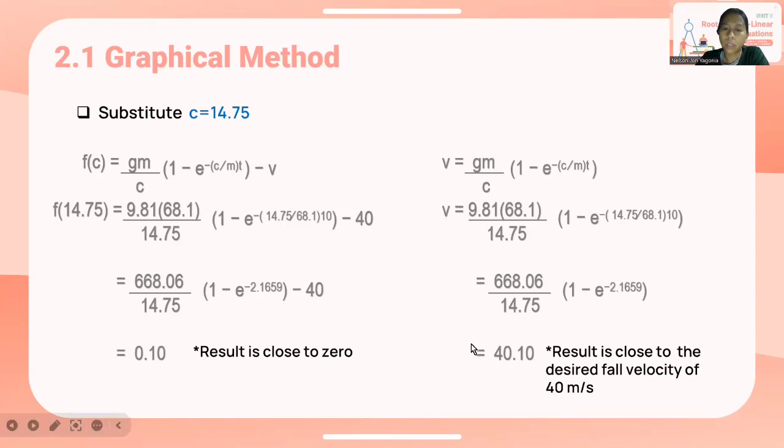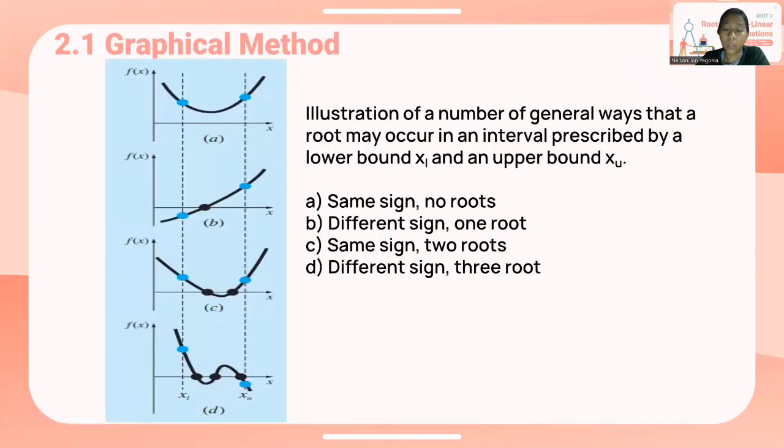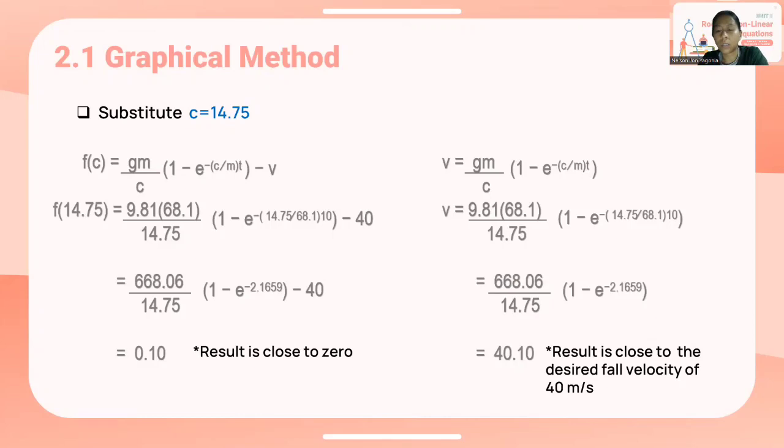So the velocity is equal to 40.1. The result is close to the desired fall velocity, which is 40 meters per second.